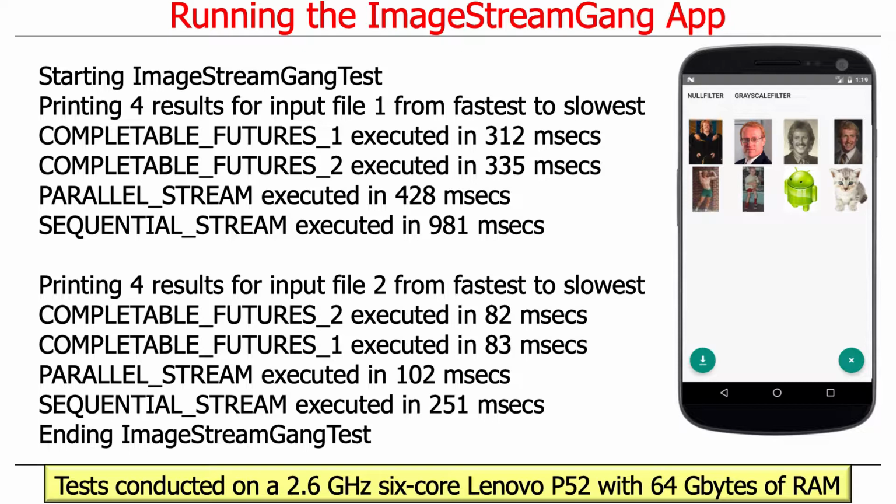You can see here that the sequential version took about this much time to run, and the parallel streams one was faster. But notice in both cases, for the bigger images and the smaller images, that parallel streams was not the fastest way to do things. In fact, the completable futures version was faster, substantially faster in some cases.